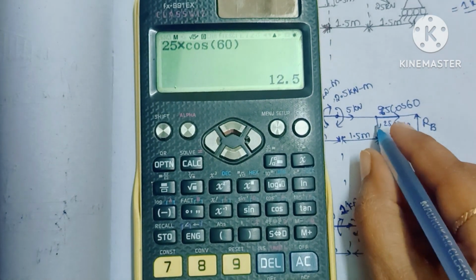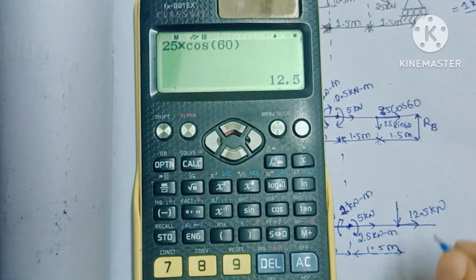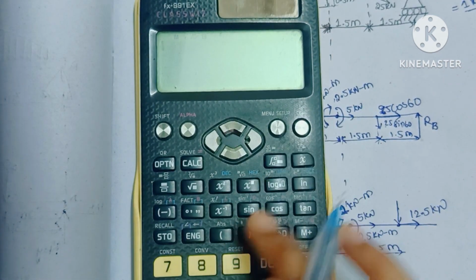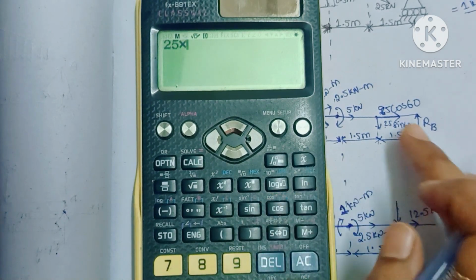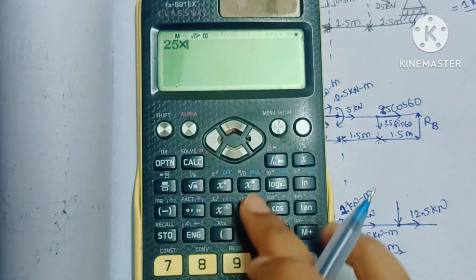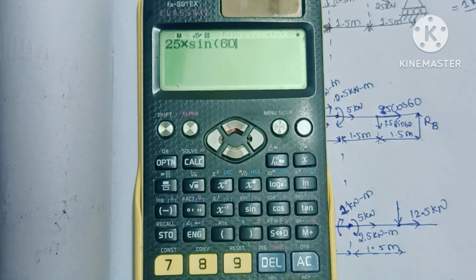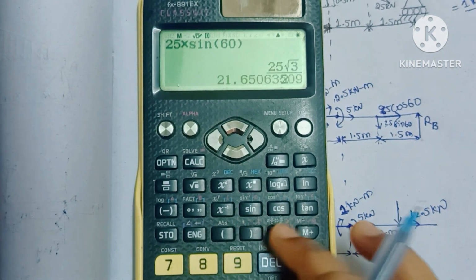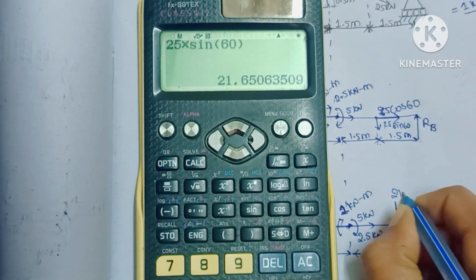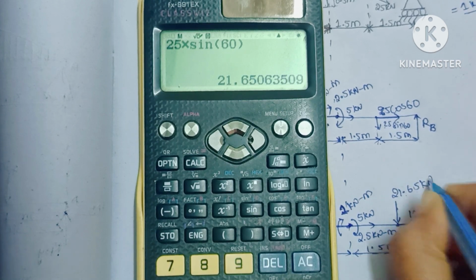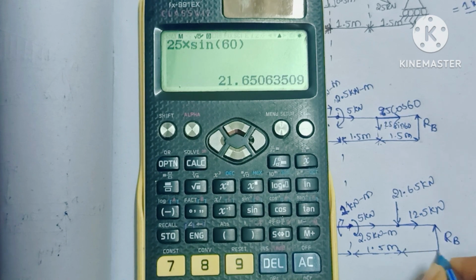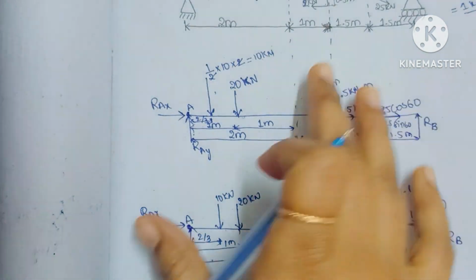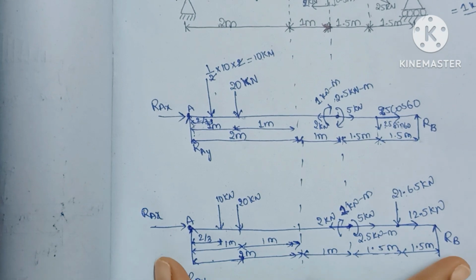And in the y direction I am writing above here, 25 into sin 60, which is equal to 21.65 kilonewtons. And here we have RB. This distance is 1.5 meters. So in this way we can write the loads everywhere here.